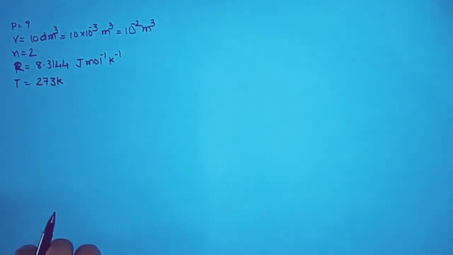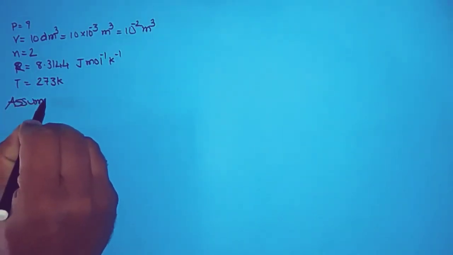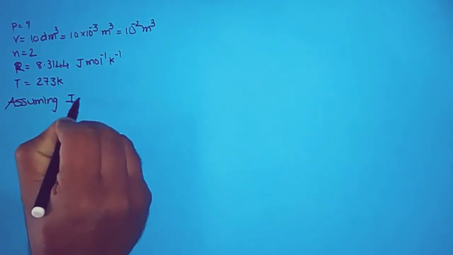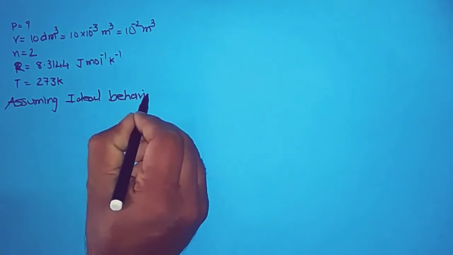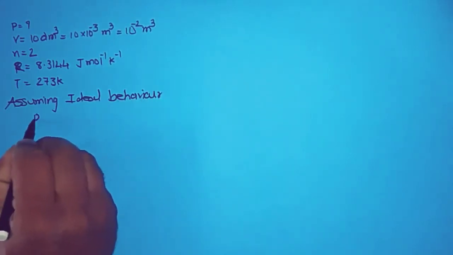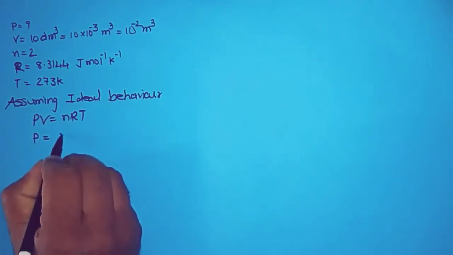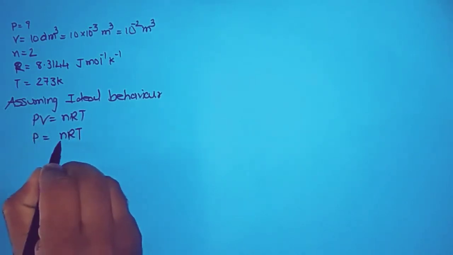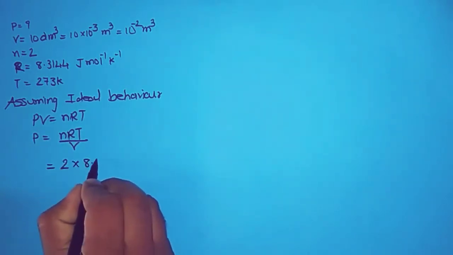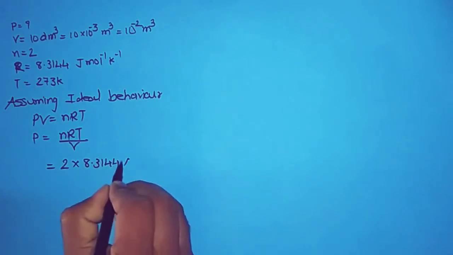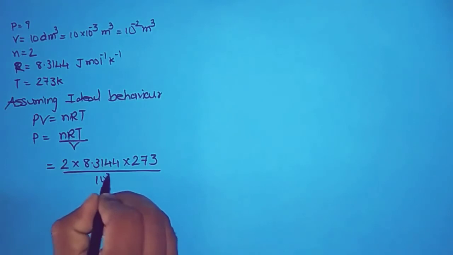Now, first we'll use the assumption of ideal behavior, that is PV equals nRT. So we can write P equals nRT upon V. Then we'll simply substitute the values: n equals 2, R equals 8.3144 and temperature is 273, divided by 10 raised to minus 2.